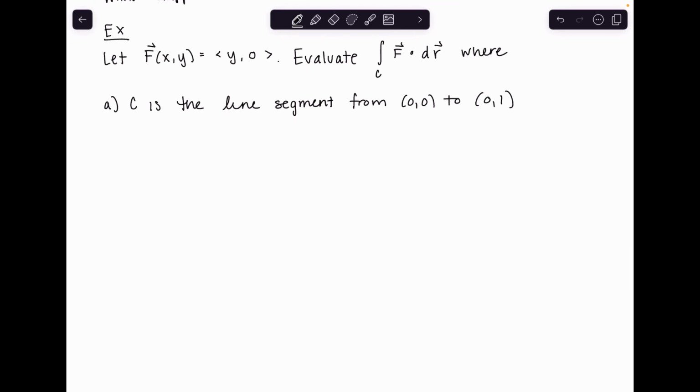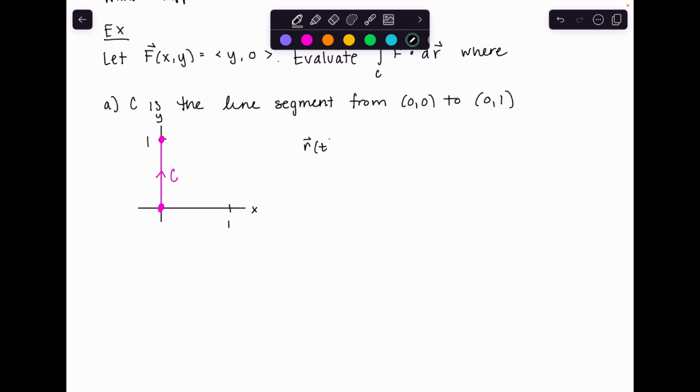I'm going to make it somewhat nicer in that we don't have to come up with the parameterizations because we're going to take the same path. So in this case, we're starting at 0, 0, going to 0, 1. This is exactly that last example. So the vector function that defines this curve is 0, t, where t ranges between 0 and 1.